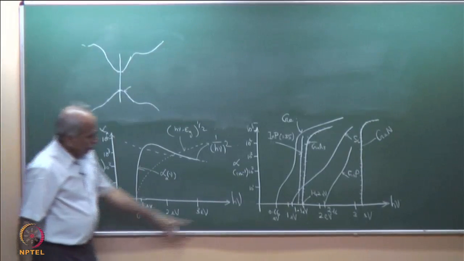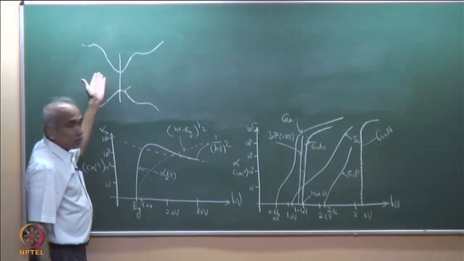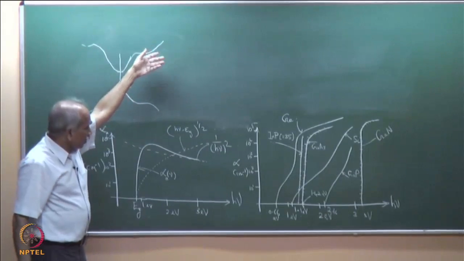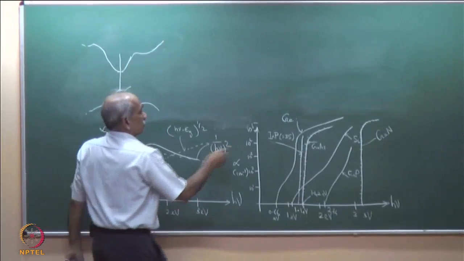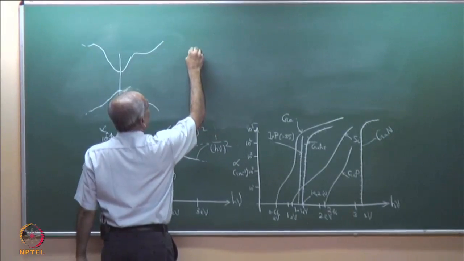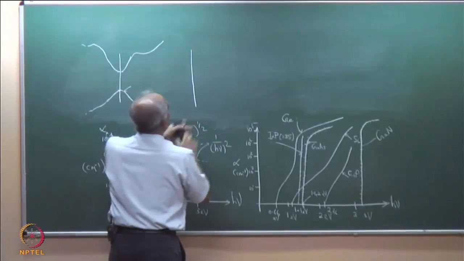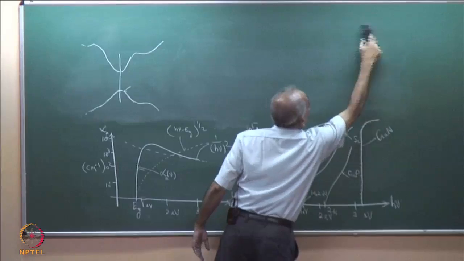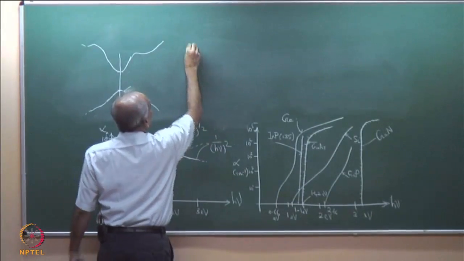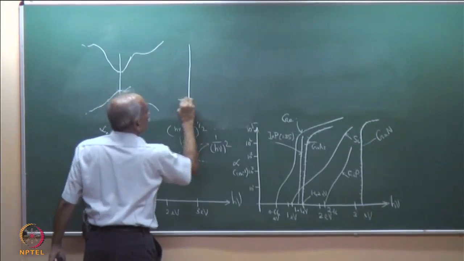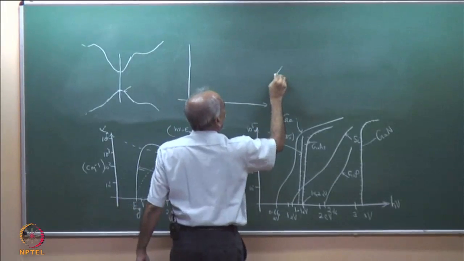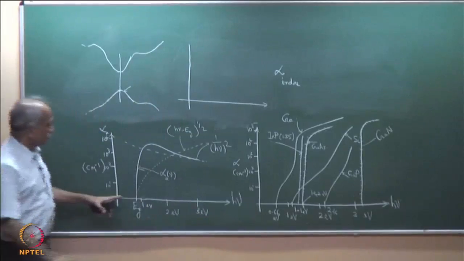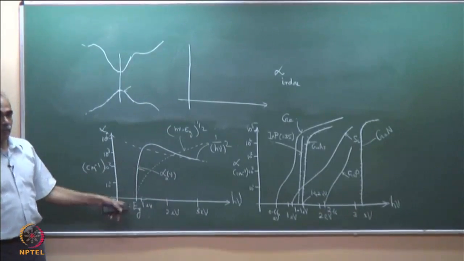Second, almost all materials also have an indirect band gap. Therefore, if you consider the theory of an indirect band gap semiconductor and find out the phonon assisted absorption, then you have a variation which looks like this, alpha indirect. The alpha that we had earlier is alpha direct band gap.